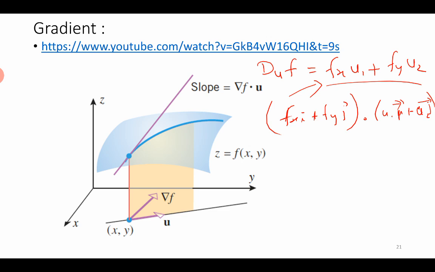So this is the u vector, and this part is nothing but our del f. So del f dot u is the slope of the surface at this point. This point is (x, y, f(x, y)). So this is the directional derivative in terms of the gradient.